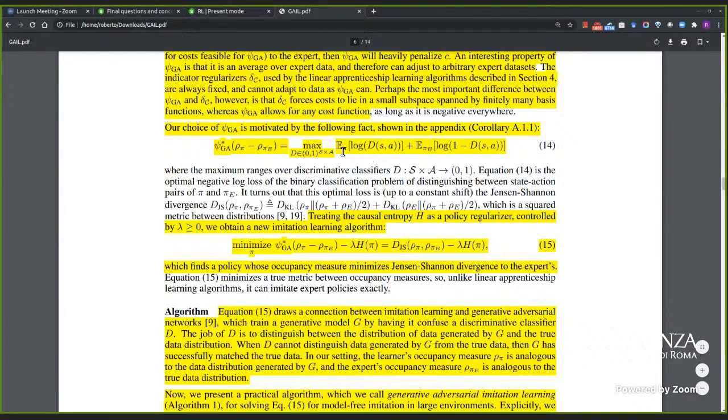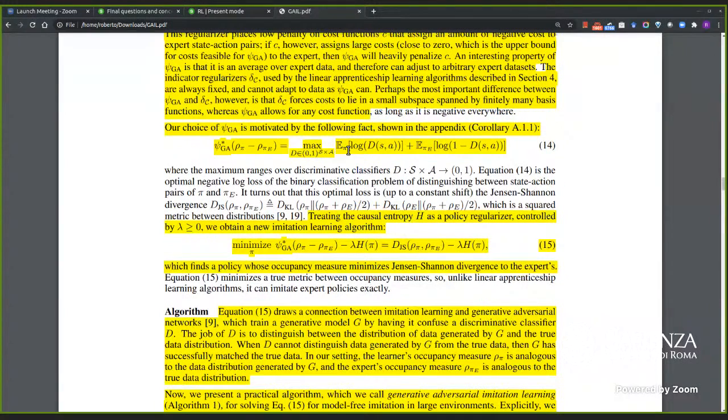So you want the discriminator to match the data over pi to classify them in a certain way, and over pi e to classify them in the other way. This is how the log loss is defining our optimization problem.